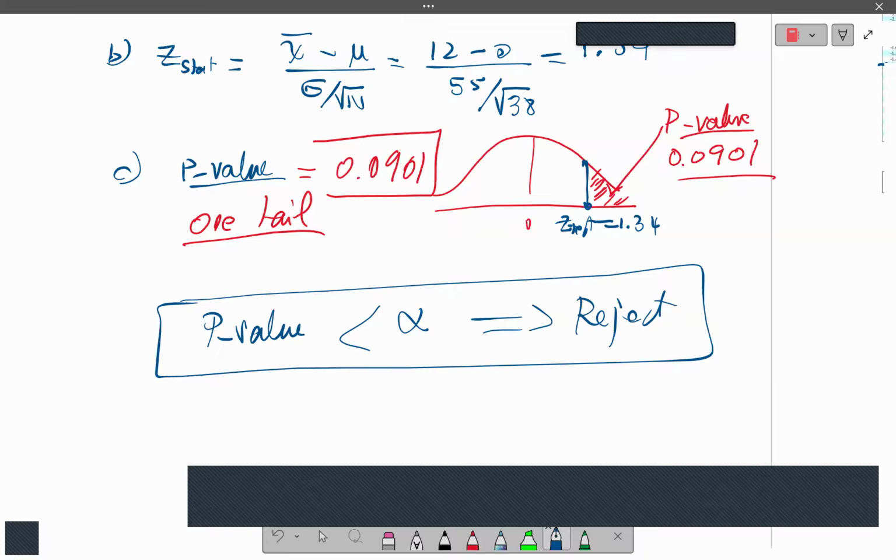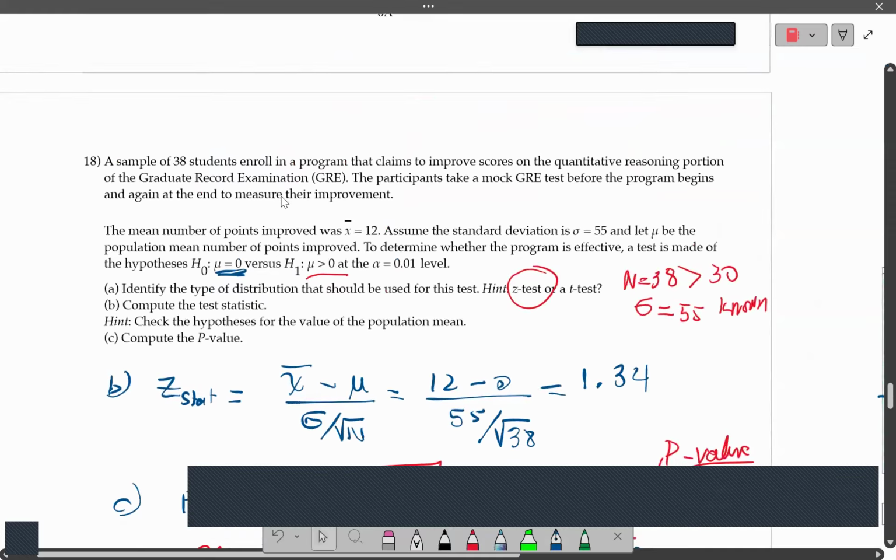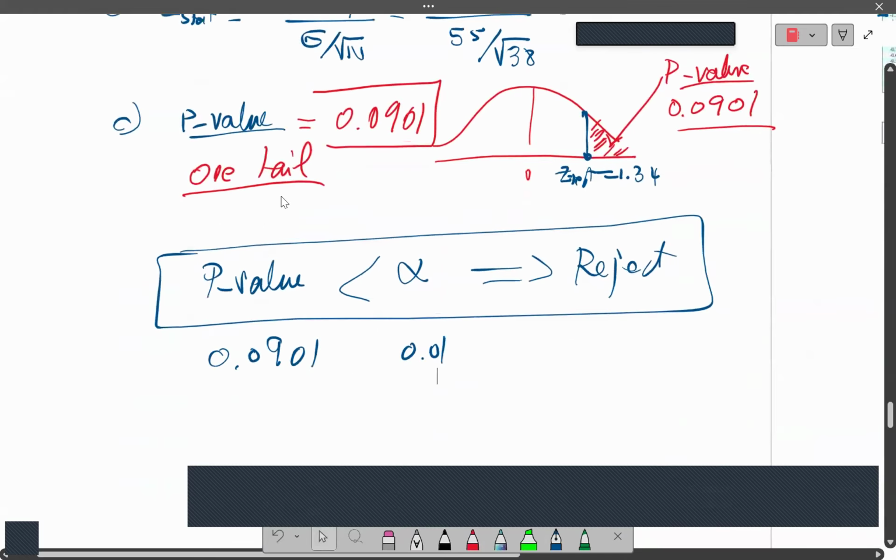Otherwise, you're going to be the opposite. So what's the p-value? I have the p-value 0.0901. What's the alpha value? 0.01, right? It is? Yes. All right.